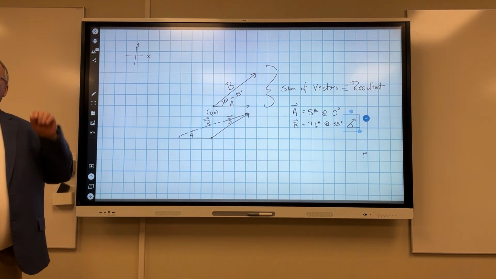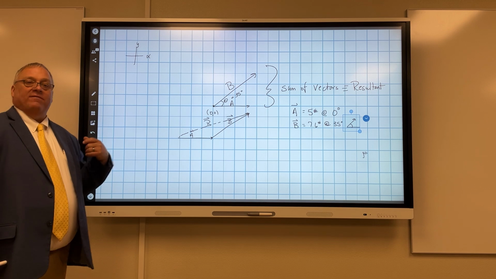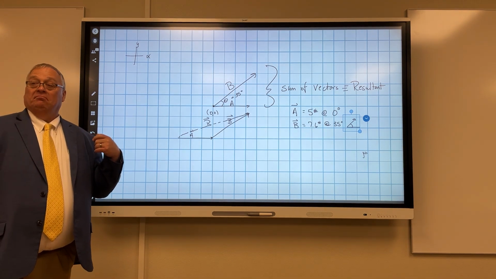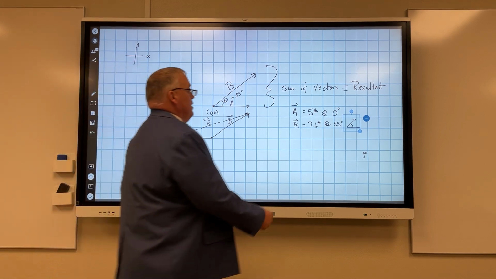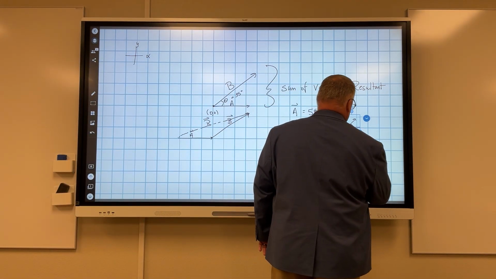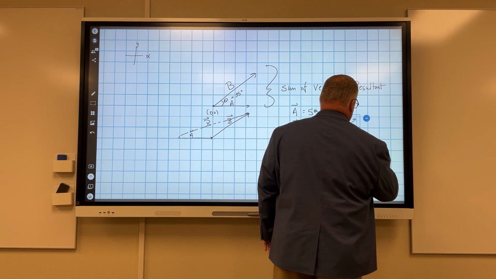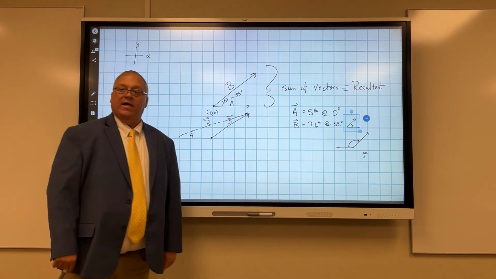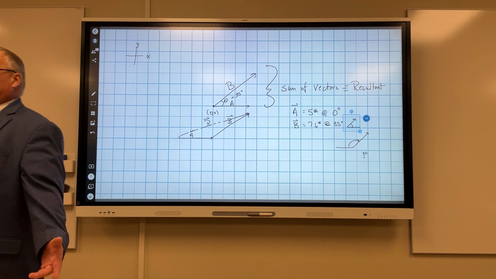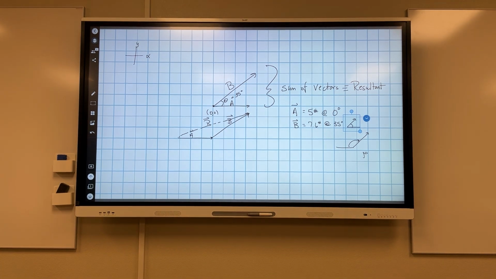If we had measured it from the negative x-axis, we could represent it like that. But we're not going to do that because we're smarter than that, right? Because we know it's going in which direction? The positive x direction.